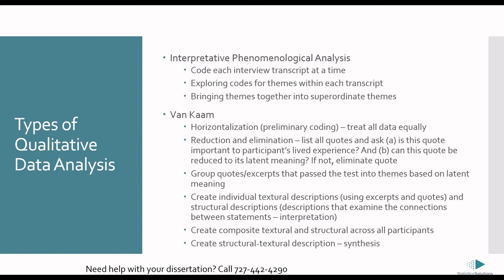Van Kaam, or modified Van Kaam, is also similar. It uses a lot of really different terminology, but it's basically the same. So the preliminary coding step, which again, we've established that we do across any kind of qualitative data analysis, in this method is called horizontalization, which is just a fancy way of saying coding.